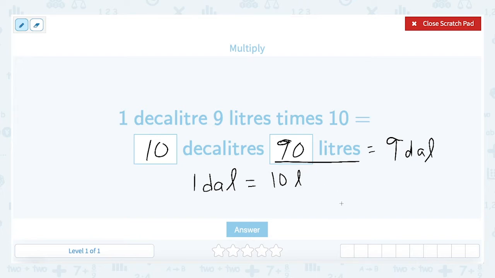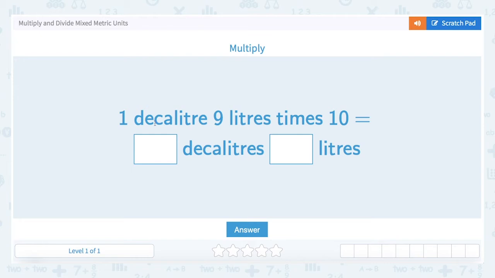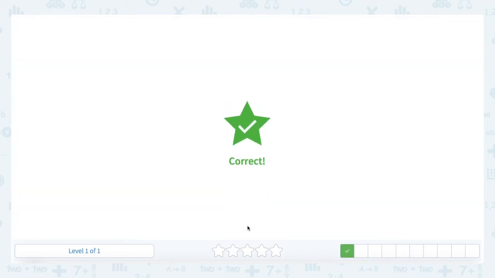So what that means in this case is that to get the final answer, we take these 9 decaliters and we give it to the 10 decaliters. And then we actually don't have any other liters left over. So this is 19 decaliters and 0 leftover liters.